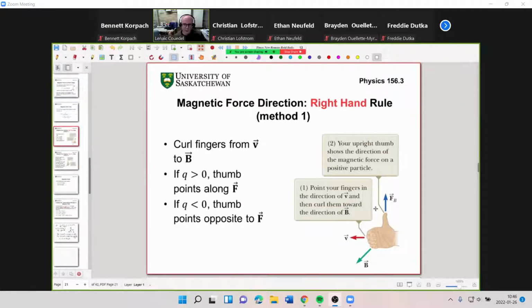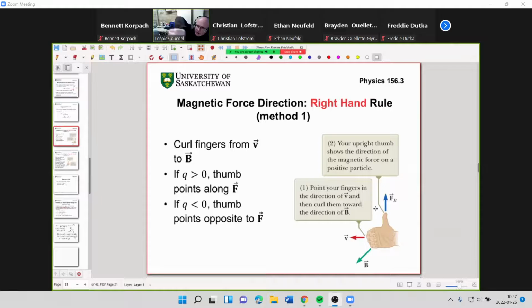If you remember the question, the velocity was along I hat, and the magnetic field was along K hat. So you take your right hand, you point it along I hat, and then you curl your fingers along K hat.